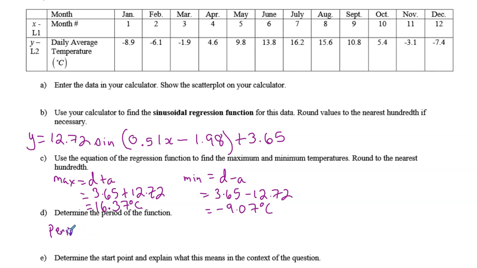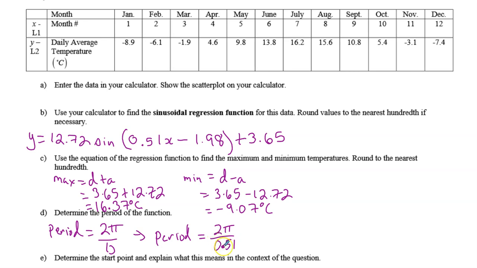Determine the period of the function, okay? So this one you do get on your formula sheet. The period is 2 pi over b. So the period is 2 pi divided by 0.51. Okay, again, just going to my calculator, 2 pi. And you can pause the video at this point and plug in the numbers yourself and check it out.